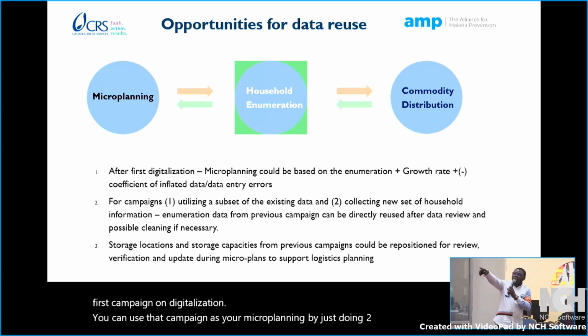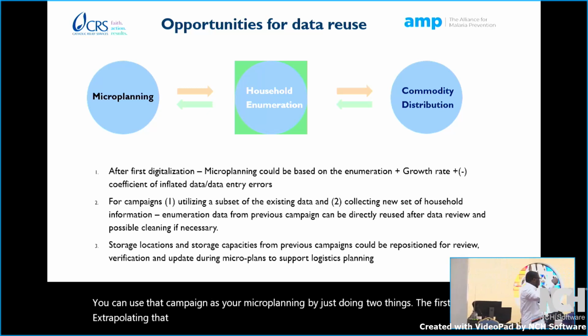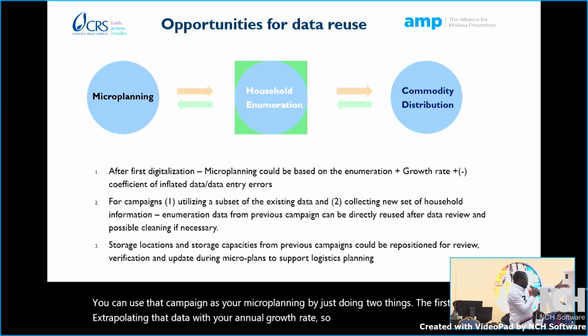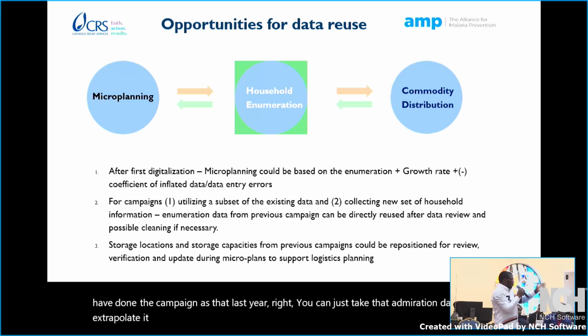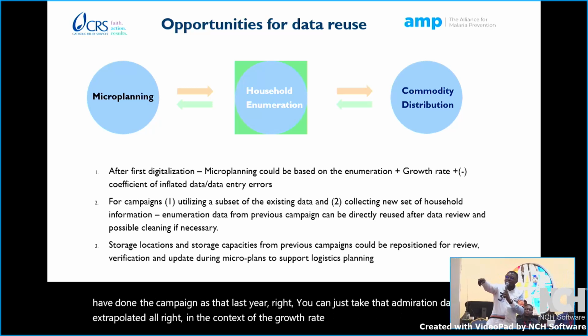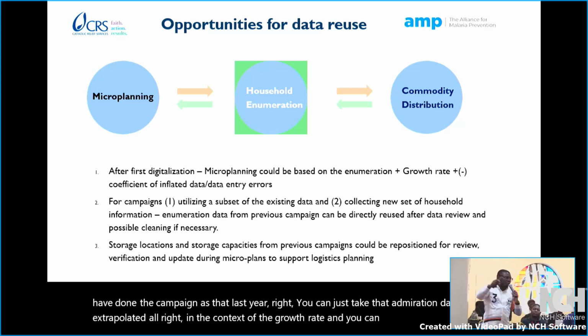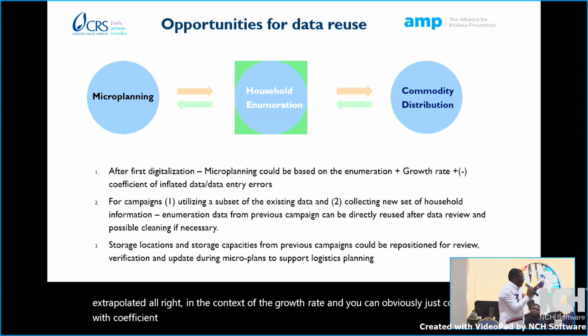The first is extrapolating that data with your annual growth rate. So let's say in the case of Liberia, we have done the campaign as at last year, right? You can just take that enumeration data, extrapolate it by adding the growth rate, and you can come up with coefficients on the inflated data set.